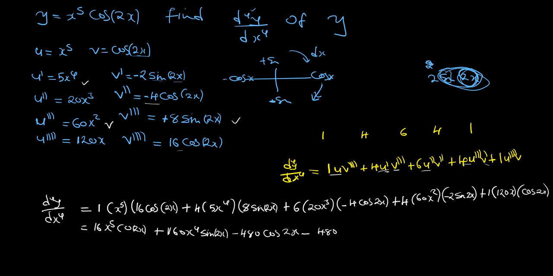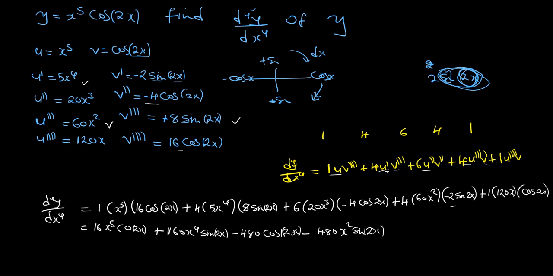X is now to the power negative 2, then we have sine 2x like that. Allow me to put the angle in. I'm done here.